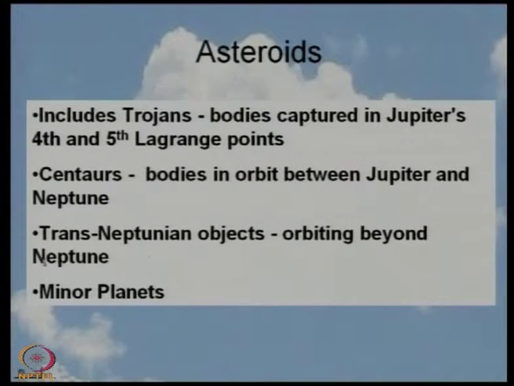We shall come to these trans-Neptunian objects a little later. Some of the big objects in orbit, particularly in the trans-Neptunian region, are classified as minor planets.